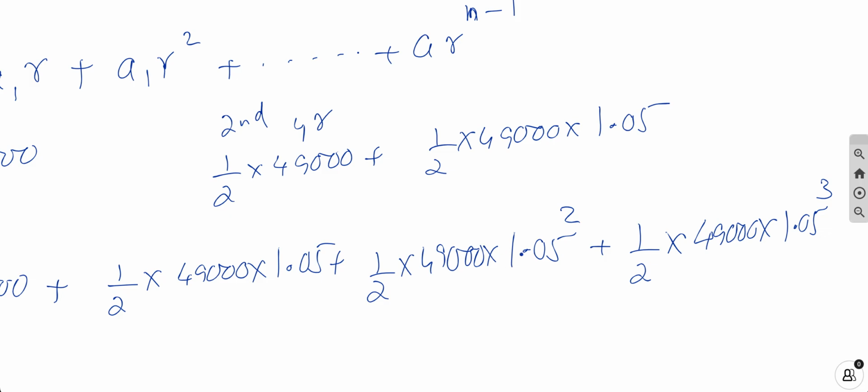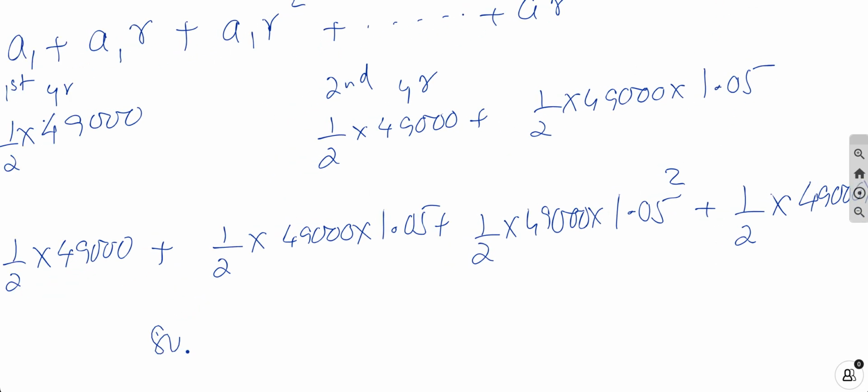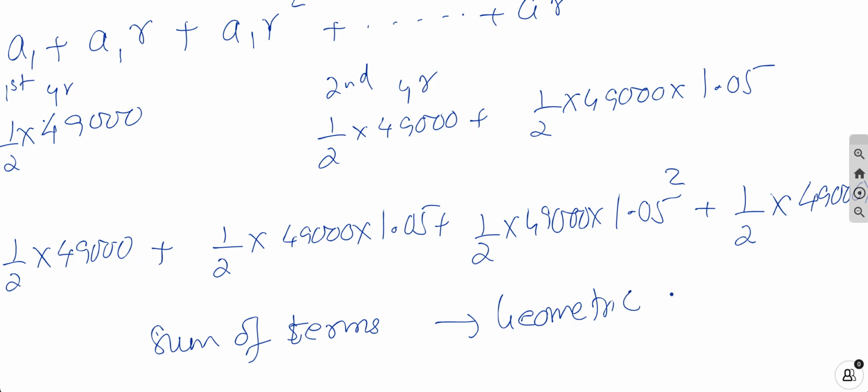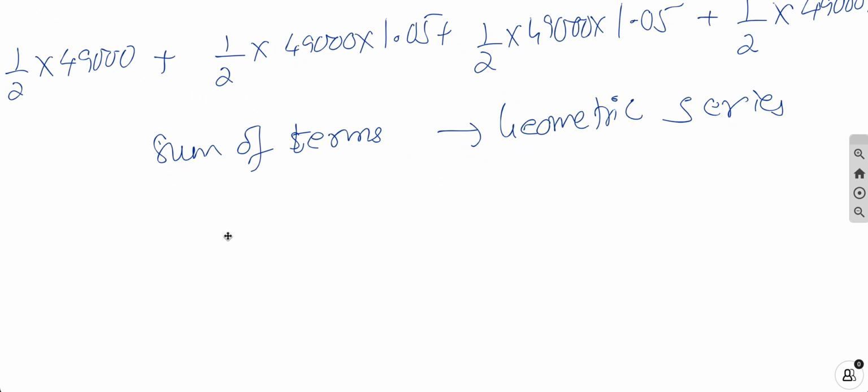So that is the meaning of sum of terms in a geometric sequence. And when I do sum of terms, it's also called geometric series. Why is it geometric? Because there is a common ratio. Why is it sum? Because every year I'm saving half of 49,000 and I'm earning interest for all the previous amounts.